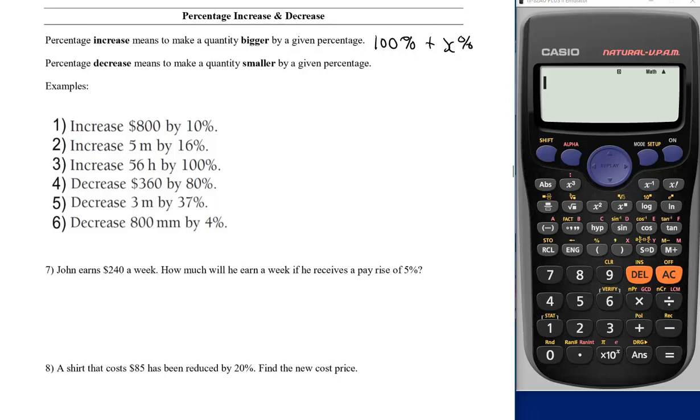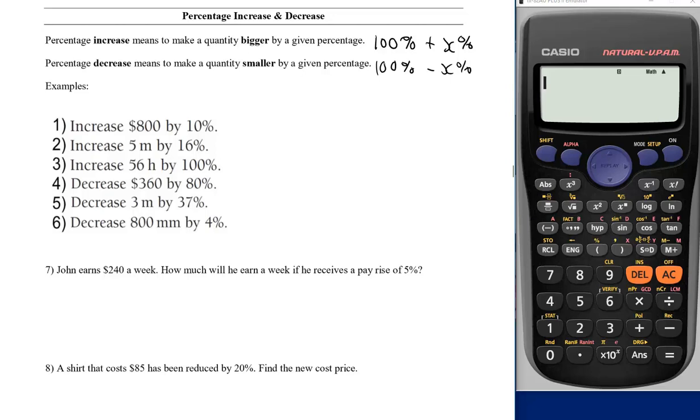When we're doing a decrease, it's 100% and we take away some percent from 100. Then we multiply our starting amount by this new percentage that we've calculated. Let me show you what I mean with an example.